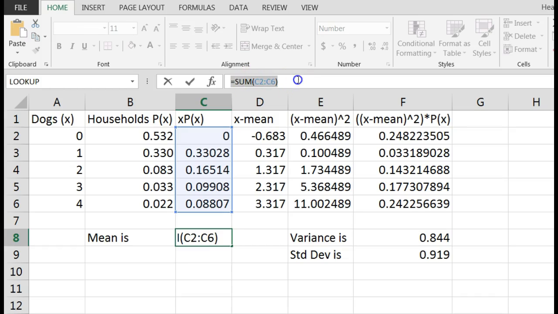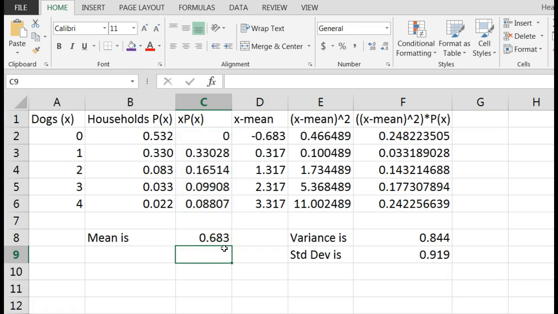I can hit enter and type it down here below it. Put that in quotations so you can see it. I summed that column. Then out here, this is simply A2, which was the number of dogs, minus the mean that I had typed in, 0.683. This would be A3 minus the mean. Out here, I'm simply squaring these.